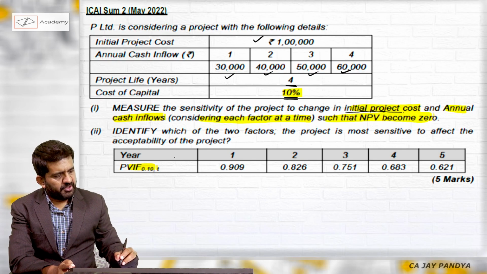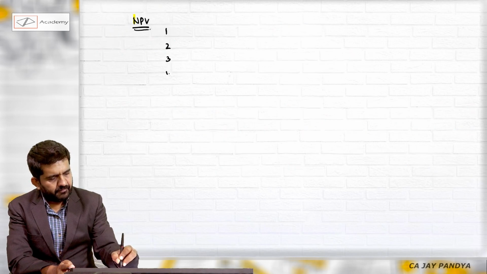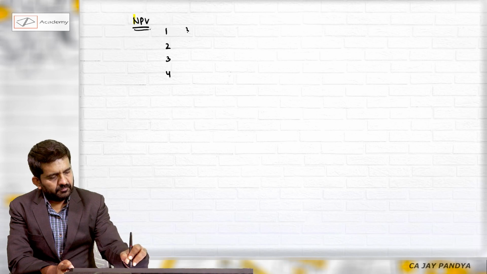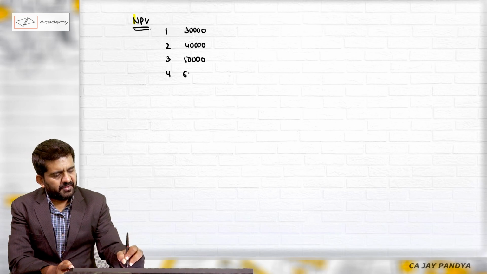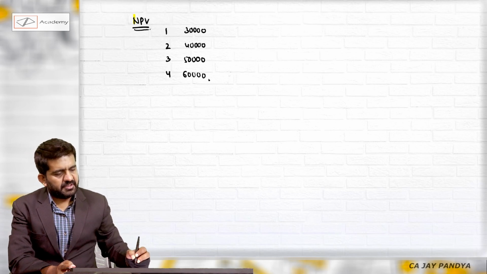So 4 years, 1, 2, 3, 4: 30,000, 40,000, 50,000 and 60,000.